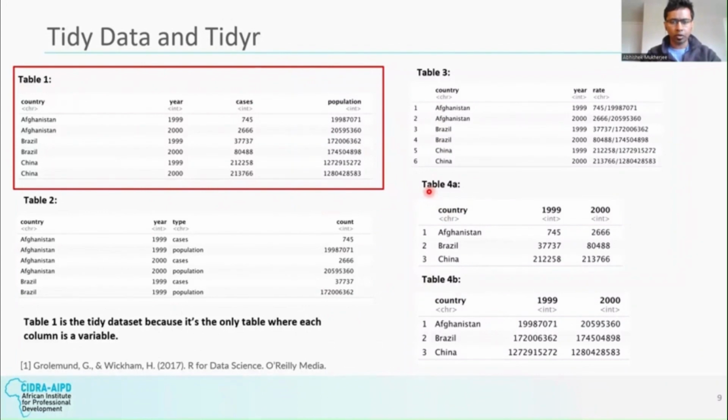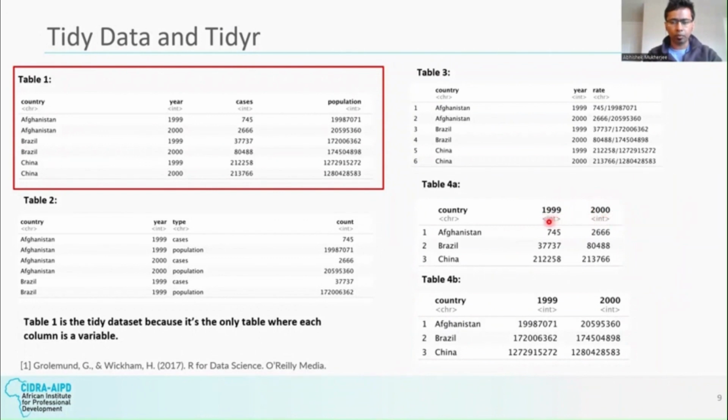So if we take a closer look at table 4a here, we can see that this is in a non-tidy format, and it was very hard to interpret because we didn't really know what the column names 1999 and 2000 meant. So, like I said, one of the challenges in a non-tidy format is when the columns are not variable names, but the values of a variable. What does that essentially mean? Here we can see that these column names like 1999 and 2000, instead of being variables, they're actually values, right?